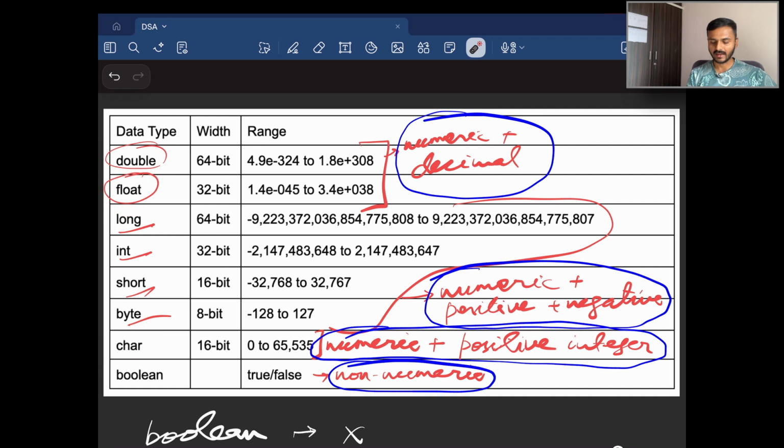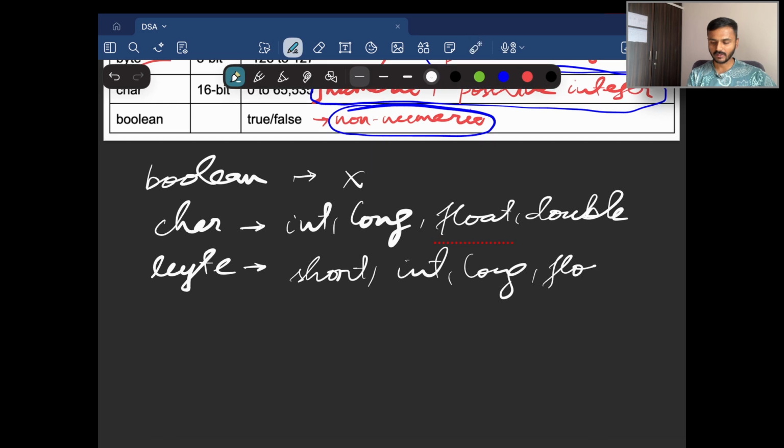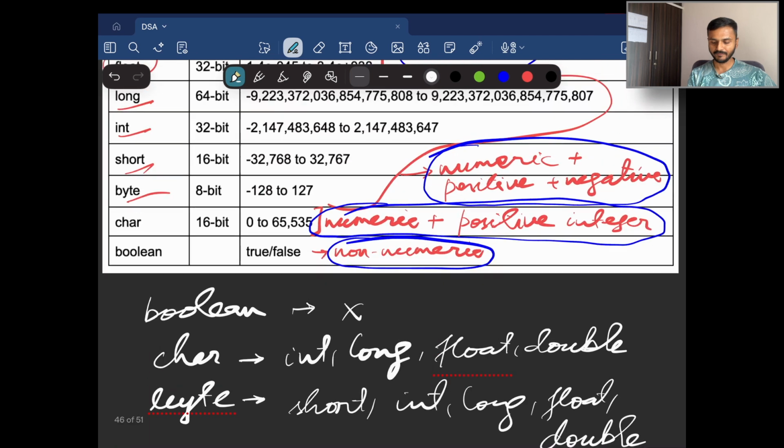We saw that if we store a positive integer in float or double, it will get stored, although with .0 at the end, but it can get stored. Now, byte holds numeric values and it holds both positive and negative integers. Double and float also hold numeric values, and they can also store both positive and negative integers, both with and without decimal. So that means float and double get added to this list.